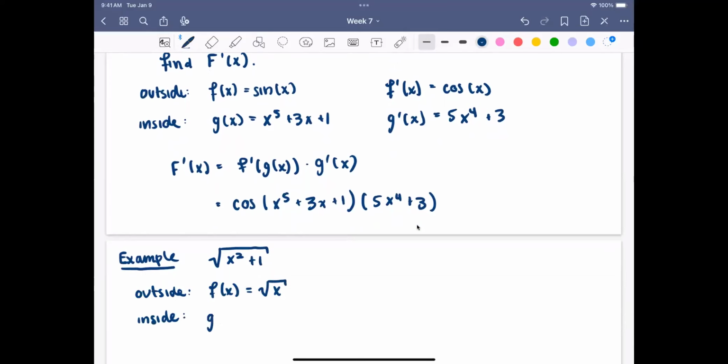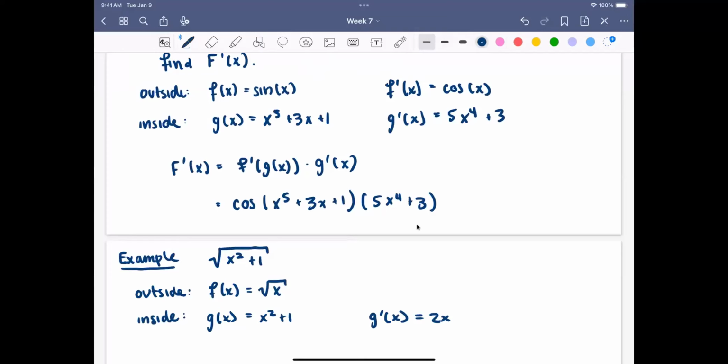So the inside function will just be x squared plus 1, and then its derivative will be 2x. And what about the derivative of f? That'd be 1 over x. Yeah, or you're just missing a factor of 2.